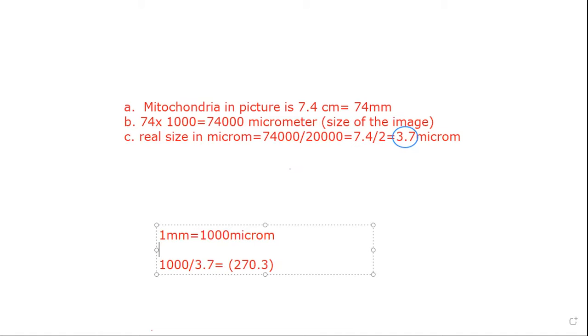No, not that way, not the other way around. You will have to do 1000 divided by 3.7. So 270 is the answer? Yes, they have done round off. So 270 is the final answer. Okay.